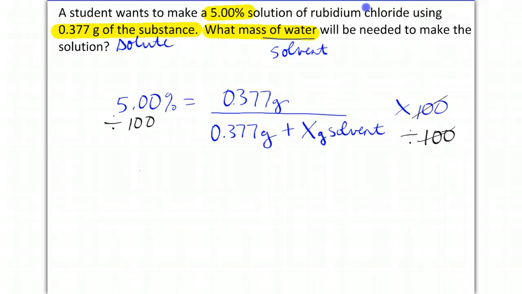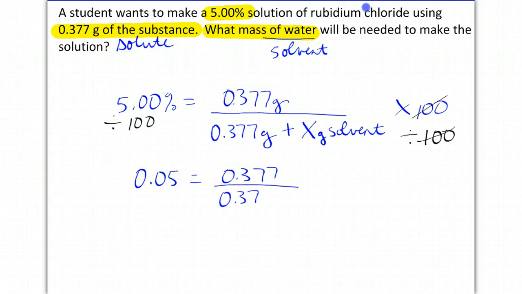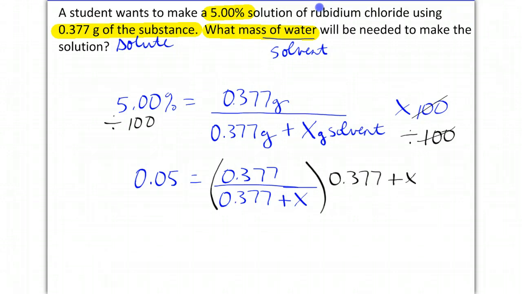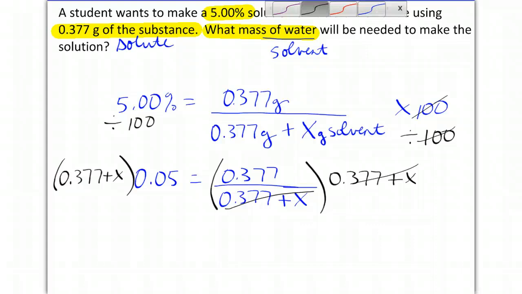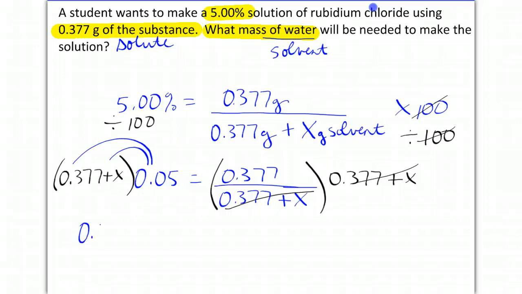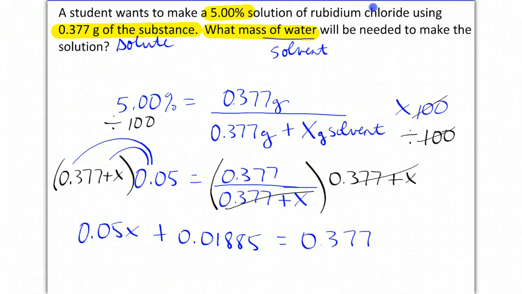And now we're left with 0.05 equals 0.377 divided by 0.377 plus X. We're going to now multiply both sides of the equation by 0.377 plus X. On the right side, these cancel, and I'm going to go ahead and distribute my 0.05, so I'll have 0.05x plus 0.01885 equals 0.377.